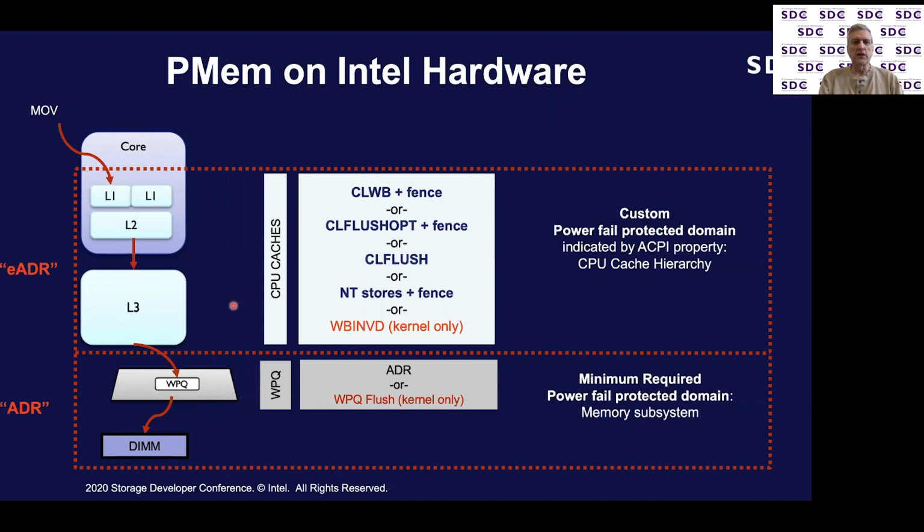If you think of these two red boxes as having names, the small one is ADR, because that's the mechanism that is invoked when you want to flush the memory controller down to the DIMM. ADR stands for asynchronous DRAM refresh, which is not a helpful acronym at all. Instead, just think of ADR as meaning I flush the memory controller. And then eADR is extended ADR, where you'd actually get persistent CPU caches on Intel hardware.